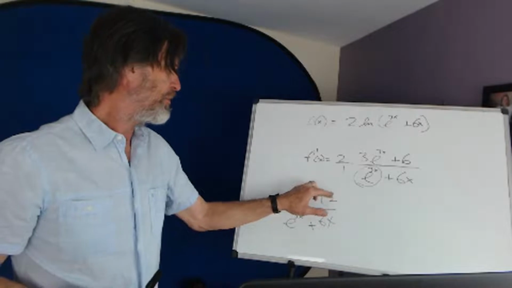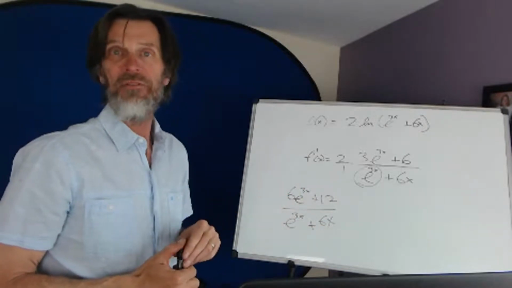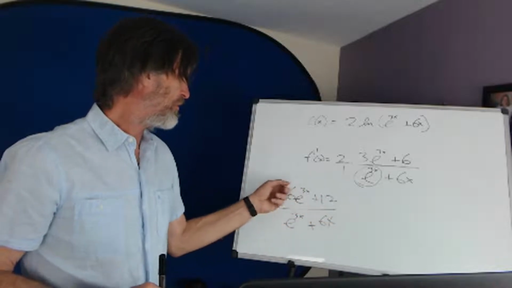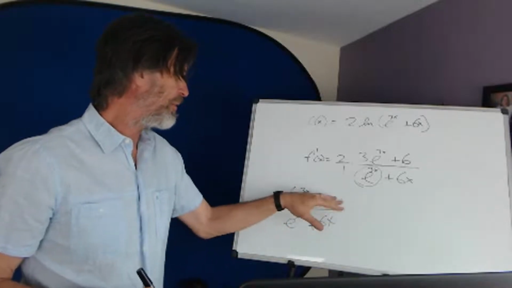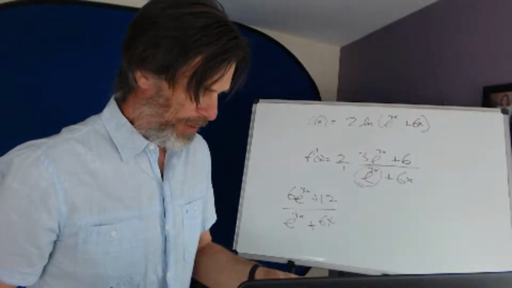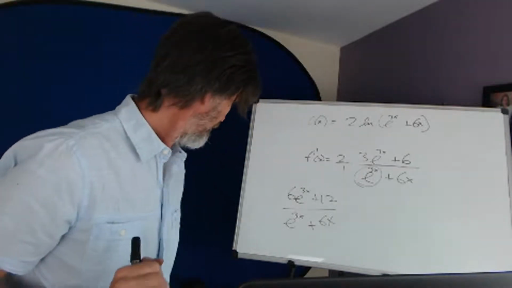Notice I have 4 terms, and notice there's not a common factor in all 4 of those terms. There's a 6 that falls in 3 of those, but no 6 there. There's no e to the x in the last 2. So that problem is as simple as it can get.